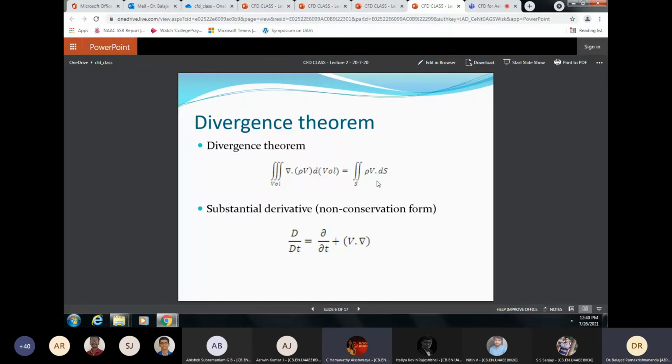So how do they differ? Expand both things. i dou by dou x plus j dou by dou y. Del dot v is i u plus j v, so you get dou u by dou x plus dou v by dou y is del dot v.